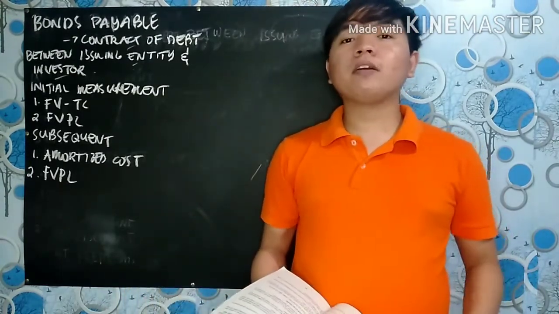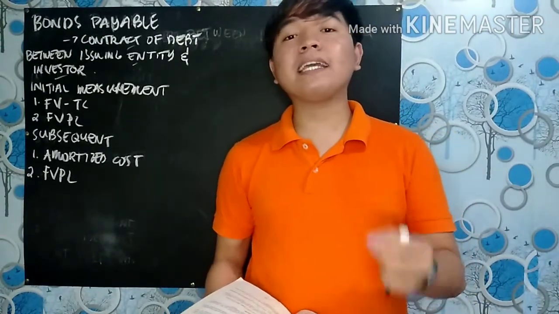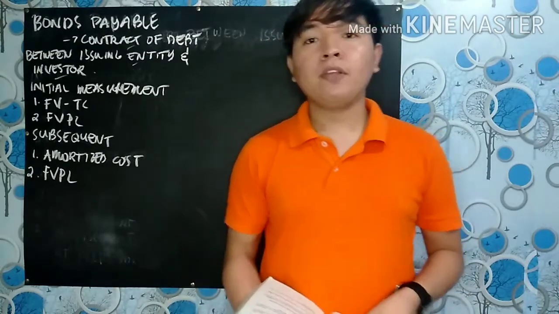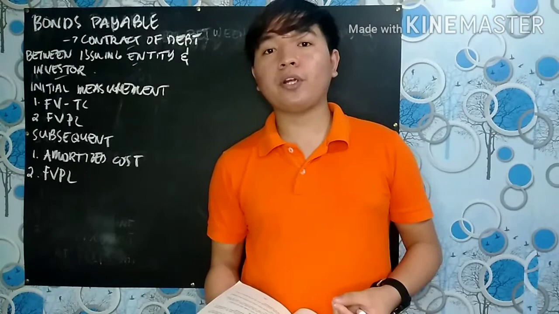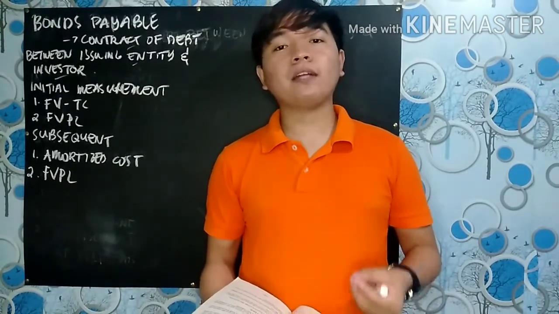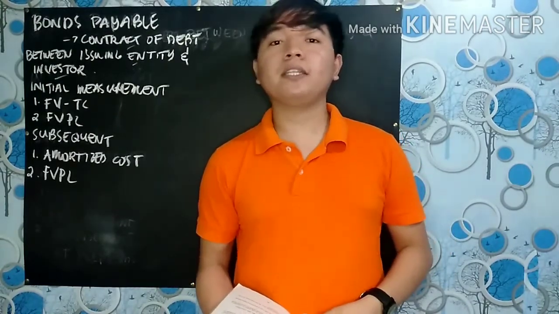When we say term bonds, there is only one single date of payment. So, there is a single date of maturity. So, let's say, nag-issue tayo ng bonds and nakalagay sa contract na mababayaran mo yung bond after 5 years. So, ang tawag doon is term bonds. There's a single date of maturity.